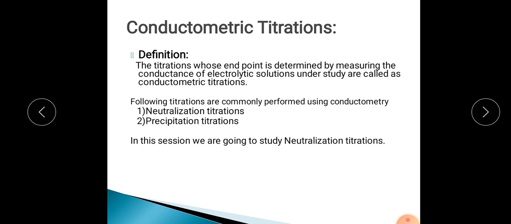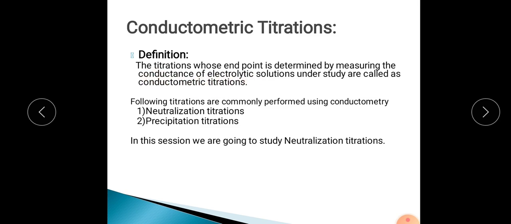The simplest definition that you can remember is: the titration whose end point is determined by measuring the conductance of the electrolytic solution is called a conductometric titration.